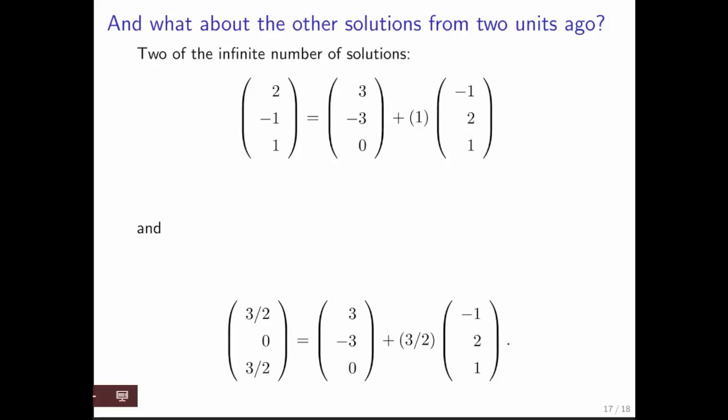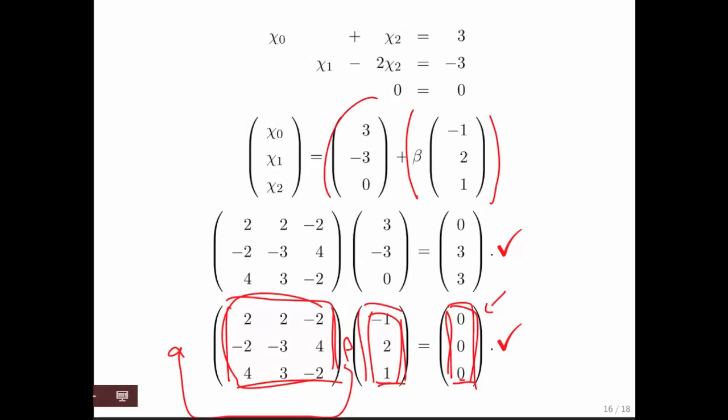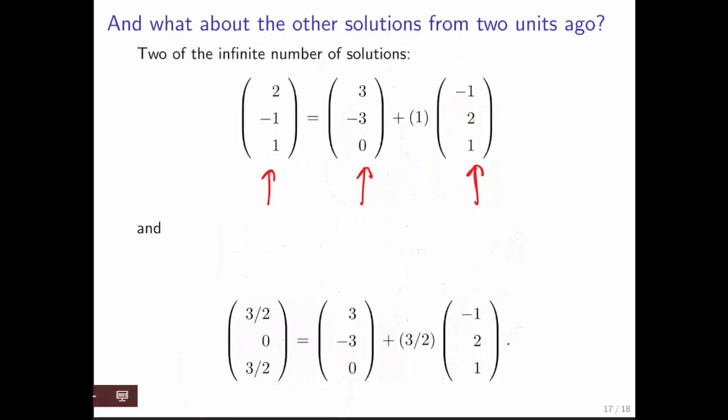So, what about the other solutions that we came up with 2 units ago? Well, we saw that this was also a solution, but notice that we can write that as these two vectors that we saw right here. That was this vector and that vector. If we choose our beta to be 1, we get this vector, which we saw in that unit to also solve the linear system.